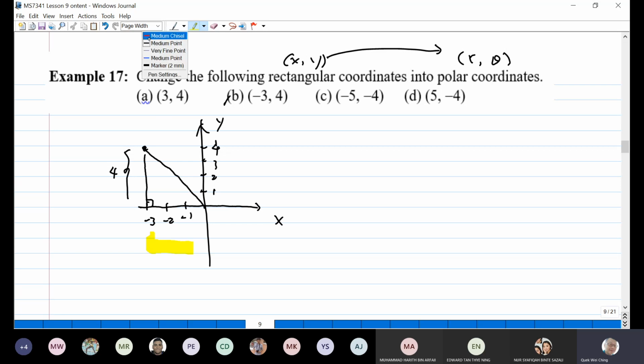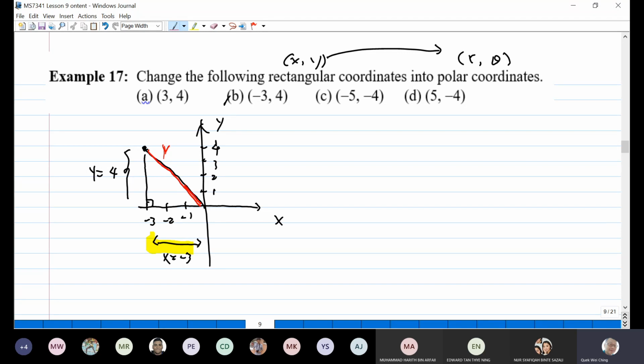So this one is negative here. Okay, so what you need to do is find out what is r. R is very easy. It's a distance from here to here. Okay, r is this one. Now, where is theta now?